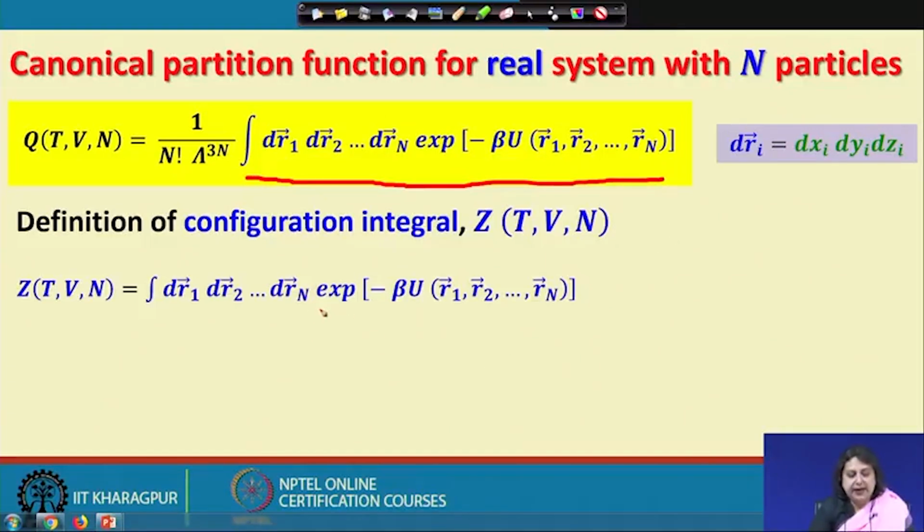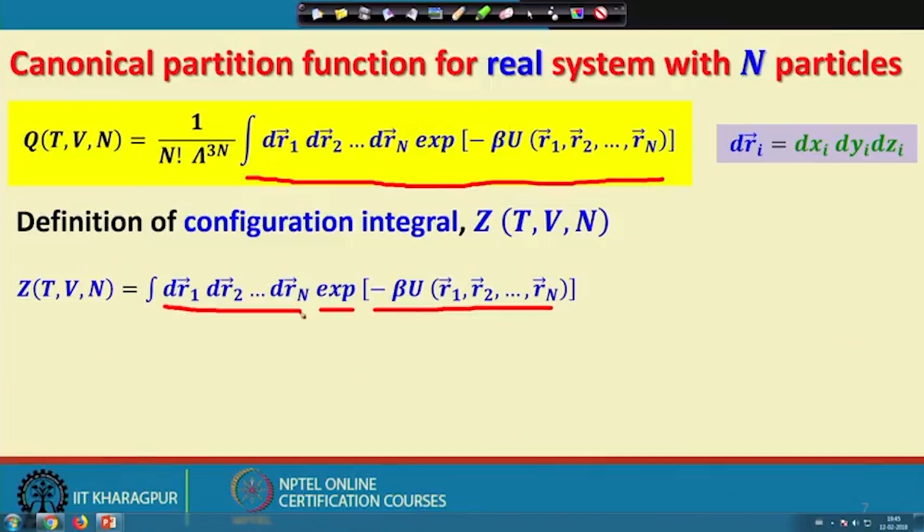I have in the integrand e to the power of minus beta U, where U is the total potential energy of the capital N particle system, multiplied by minus 1 by kT, when the system is at temperature T. And then I integrate over the entire configuration space, which is the part of the phase space where I do not take into account the momentum of the particles, rather I integrate only over the position coordinates of the particles.